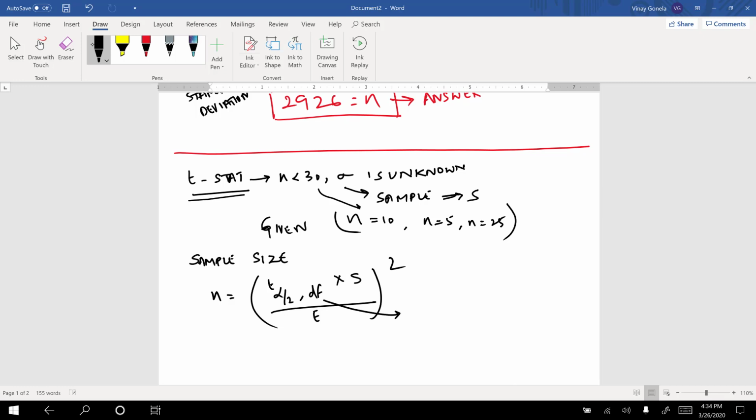This degree of freedom is n minus 1, where this small n is the sample taken in a preliminary study. We take a small sample and then try to determine a bigger sample. So you are taking a smaller sample to estimate about a bigger sample.